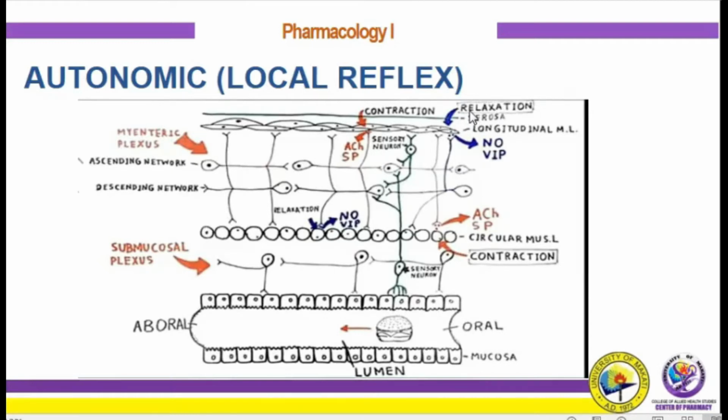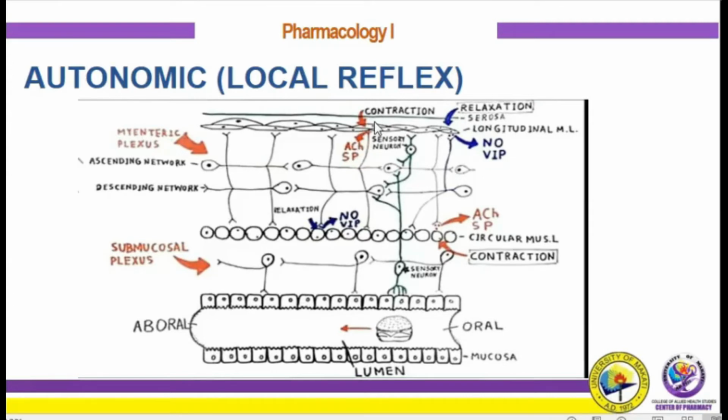But in front of the bolus, it needs to have a relaxation of the circular muscle for the bolus to move forward. So therefore, in front of the bolus, the descending neuron releases inhibitory neurotransmitters such as nitric oxide and vasoactive intestinal peptide to cause relaxation of the muscles.